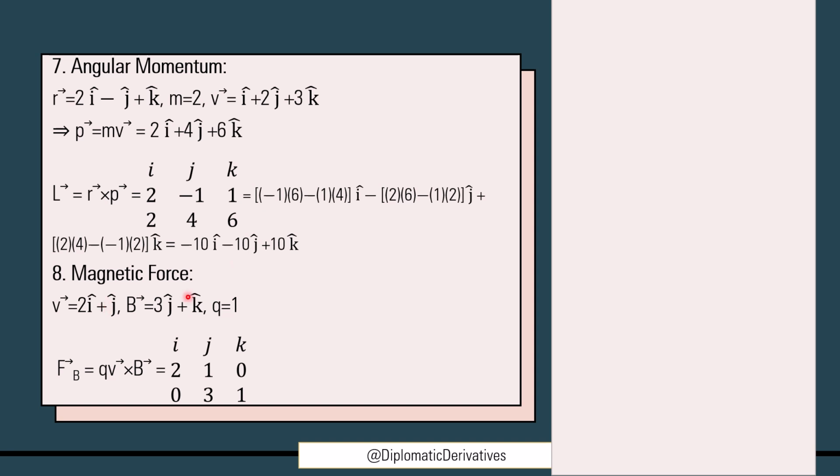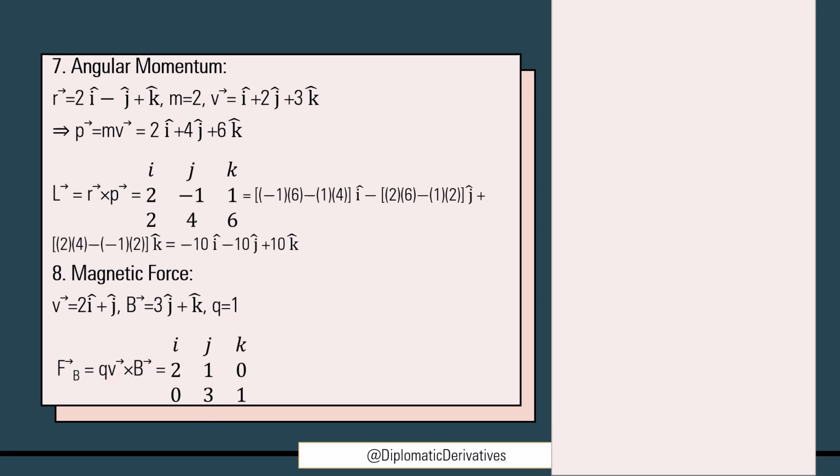Again, we have magnetic force, also another application. So we have here V, which is velocity, we have B, which is the magnetic field, and we have Q, which is the charge, right? So first you have to find QV. What is QV? QV is scalar multiplication, right? So Q is 1, therefore QV is also going to be V, since 1 into V is V. So you get directly to the cross product.